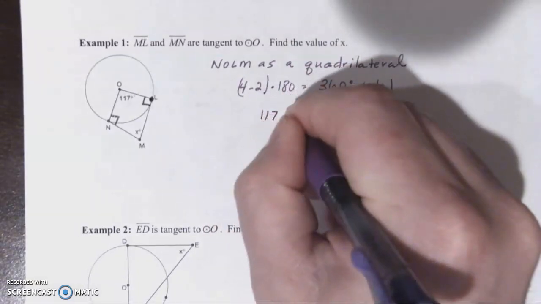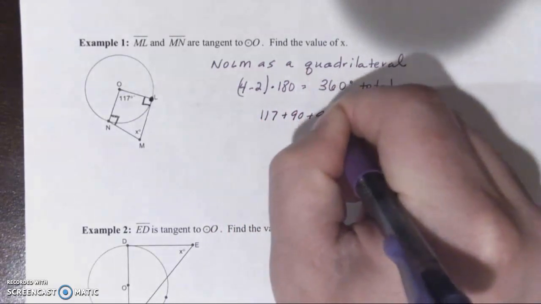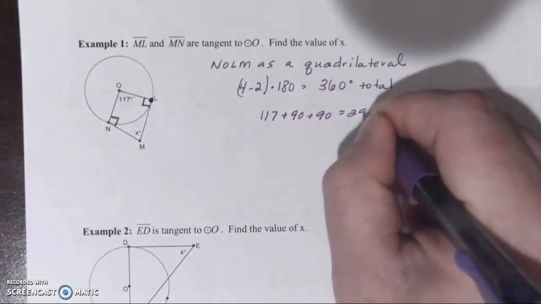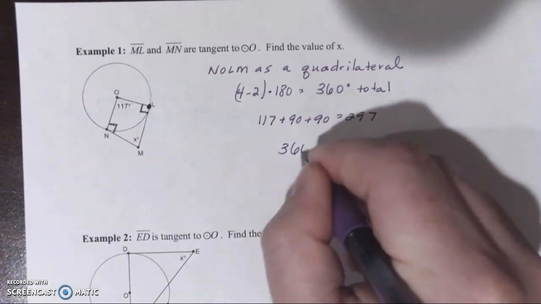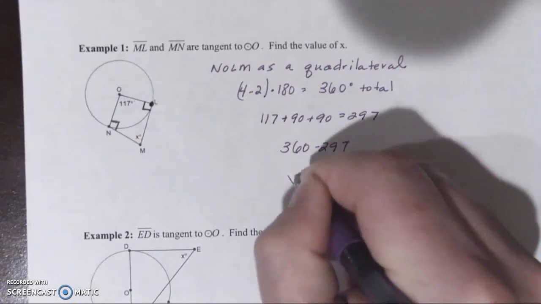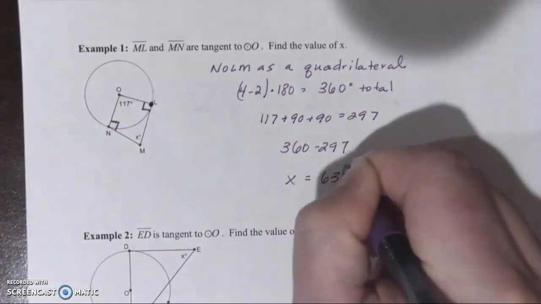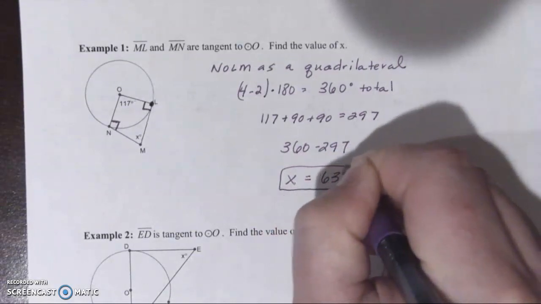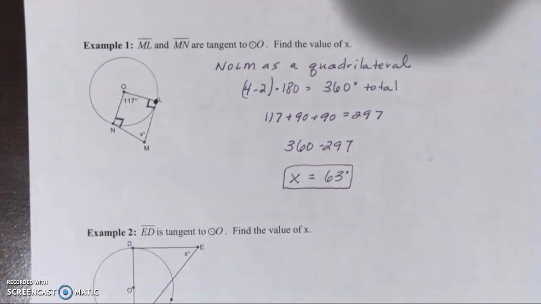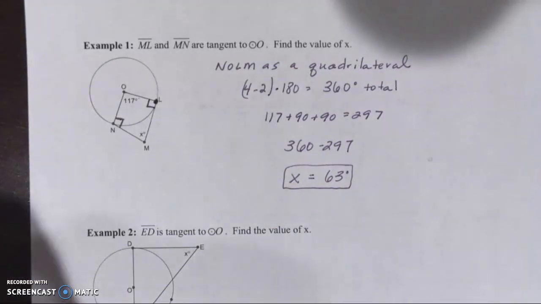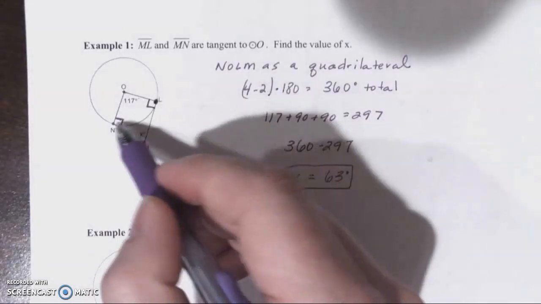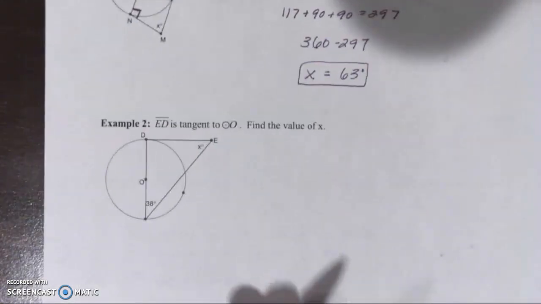So 117 plus 90 plus 90 equals 297. 360 minus 297, x is going to equal 63 degrees. So basically using the information we've been provided to help. That theorem gave us these two right angles. It allowed us to solve for x.